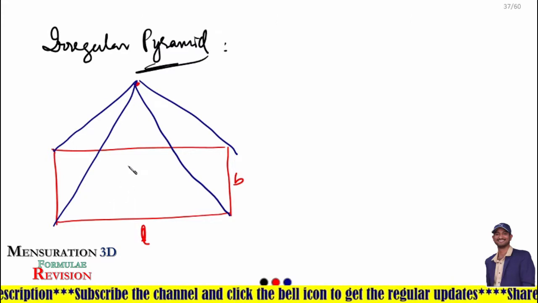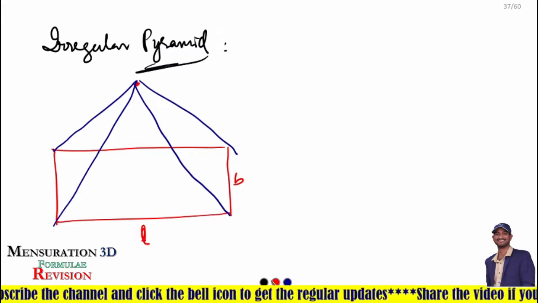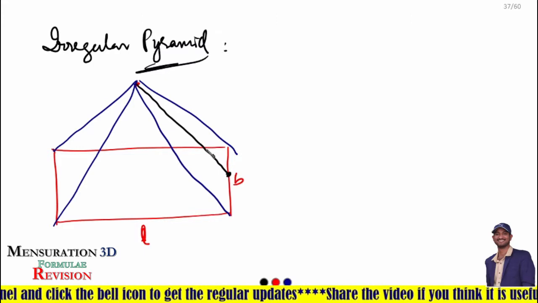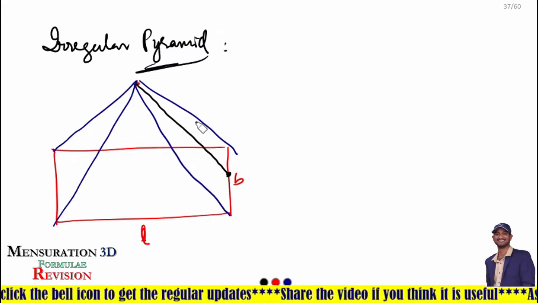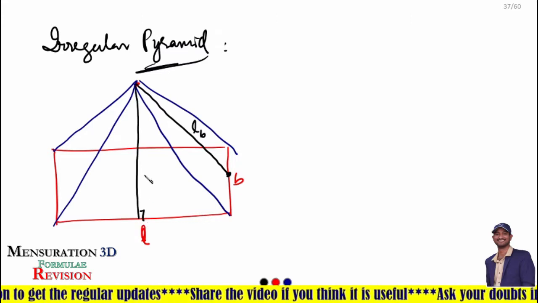Here we have not only one slant height, we have two slant heights. What are those two? The slant height drawn on breadth, and another one, the slant height drawn on length.